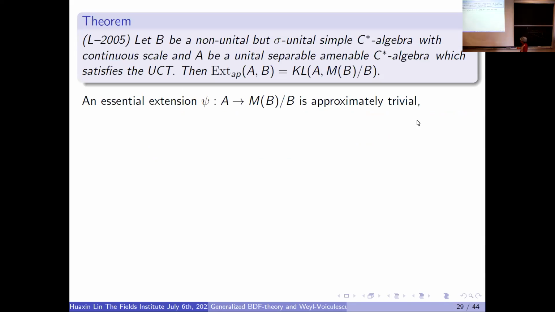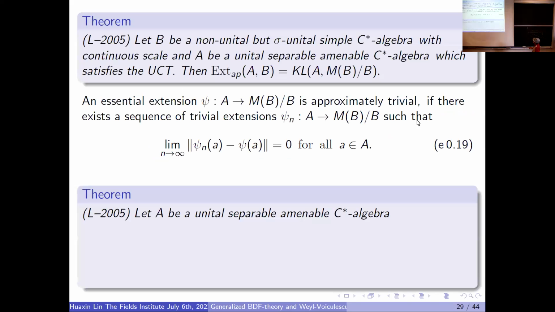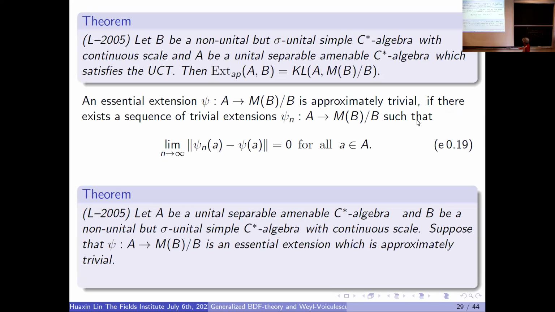And then you can say something is approximately trivial. Well, you just have a limit of trivial ones, or approximately trivial. And then you can have a statement like this. By the way, I should have mentioned that with this condition, this phenomenon won't happen, and the Kroner algebra is actually simple.